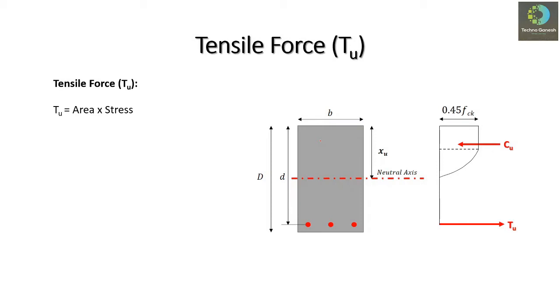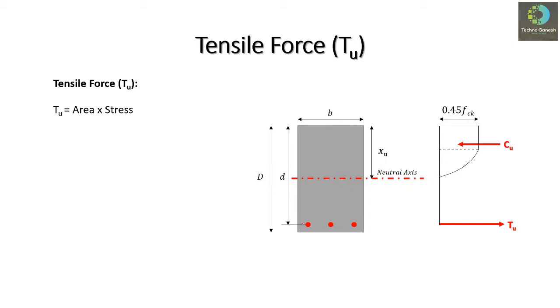we must consider that to sustain the tensile stresses which are going to develop in the concrete section, we have to provide reinforcement. This reinforcement is provided in the form of bars. These bars have some diameters and a number of bars, so we can calculate the area of these bars.